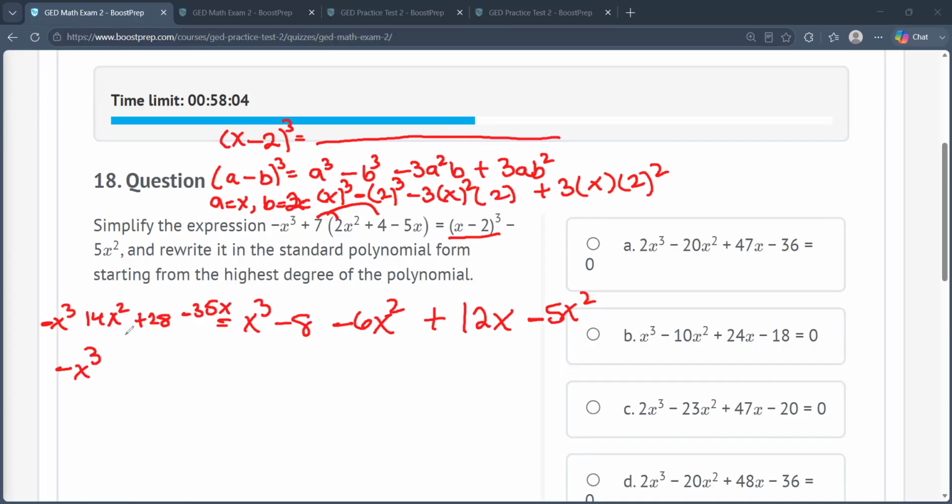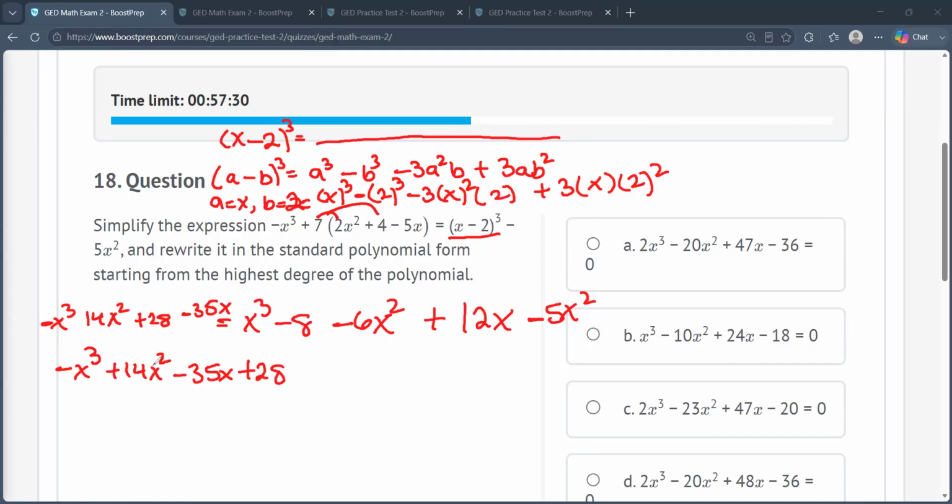Hold on, let me get a calculator, because you can use a calculator on this one. Okay, so negative x cubed, and then you have a positive 14x squared minus 35x plus 28.